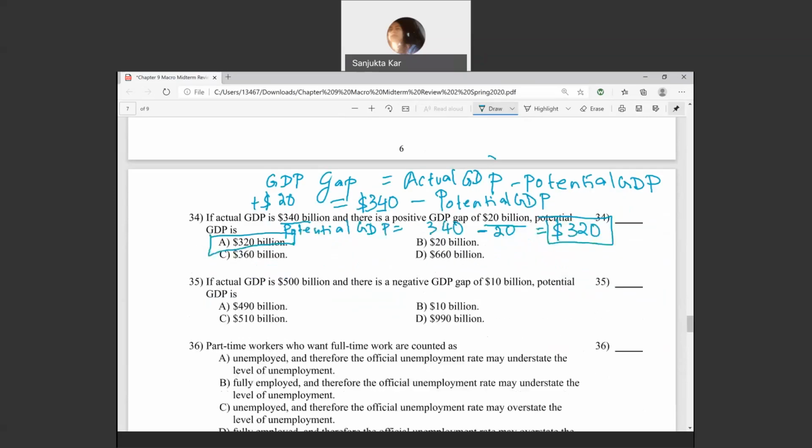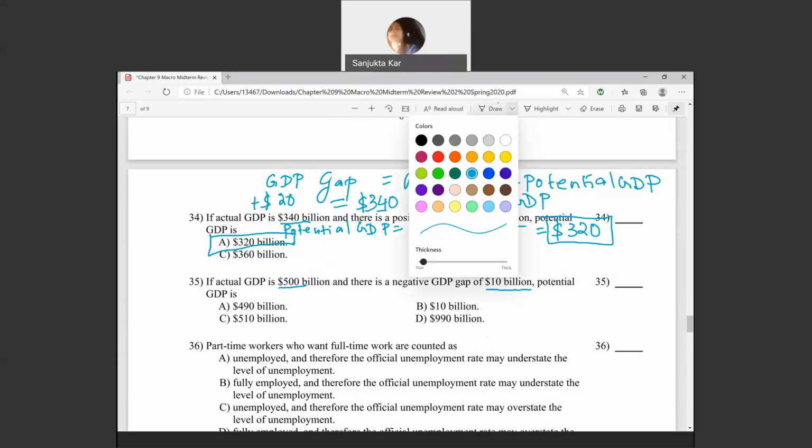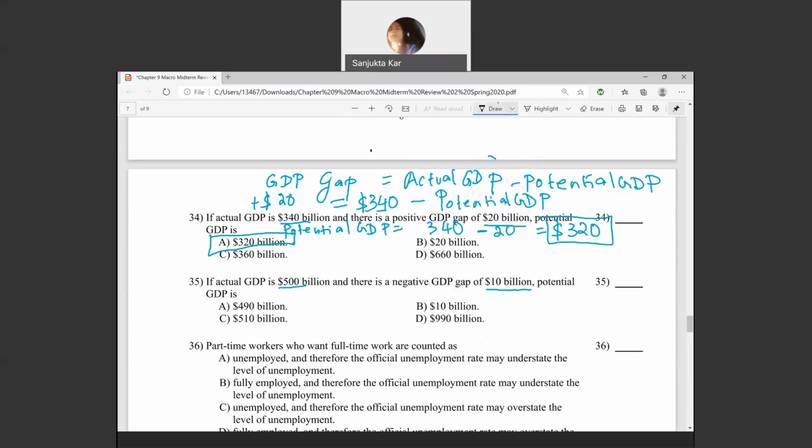Now moving over to question number 35. Actual GDP is 500. Here I have a negative GDP gap of 10. They're asking us to find the potential gross domestic product. I'm going to use the same formula: GDP gap equals actual minus the potential gross domestic product.